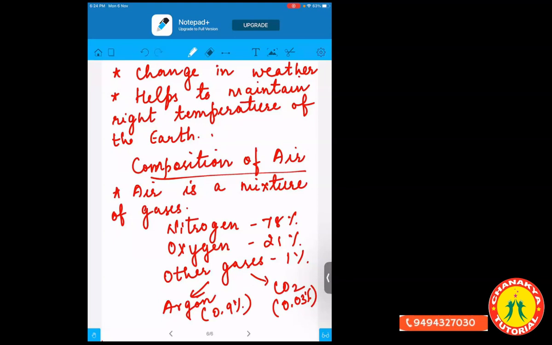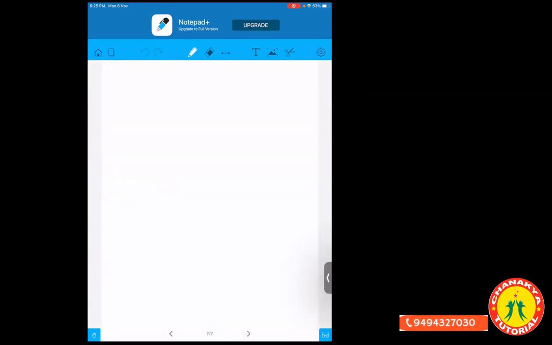So air is a mixture of gases. Nitrogen is 78 percent and oxygen is 21 percent. Together this gives us 99 percent, and the remaining 1 percent is argon, which is 0.9 percent, and carbon dioxide, 0.03 percent.